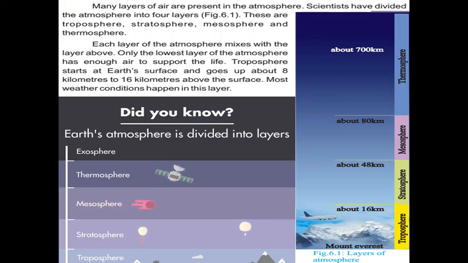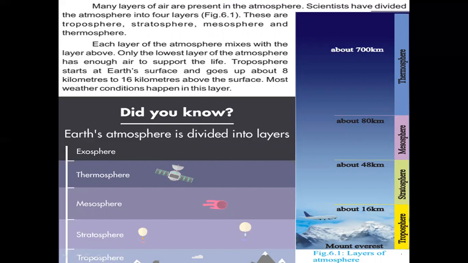And if we talk about it, many layers of air are present in the atmosphere. If we divide those layers, in your book about 4 layers are described, but there are more than this. We'll talk about it in a few minutes.